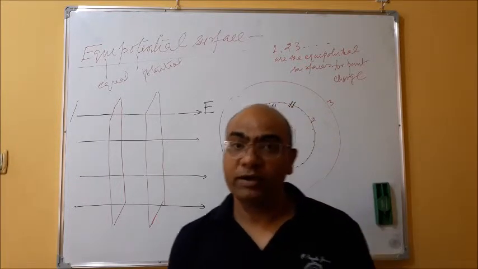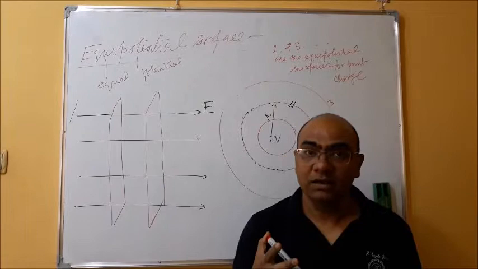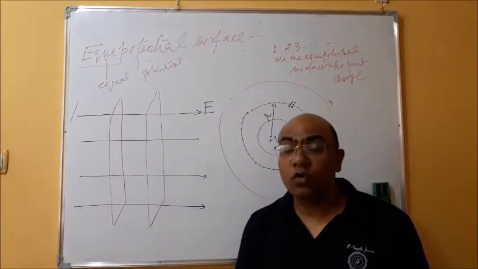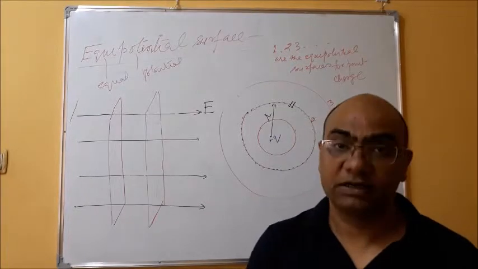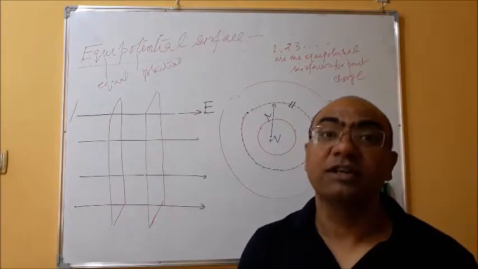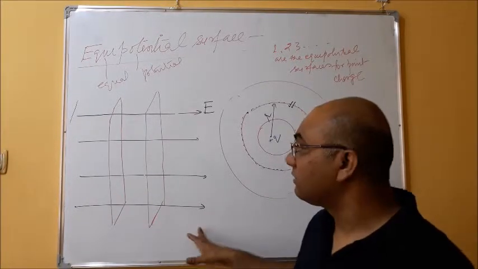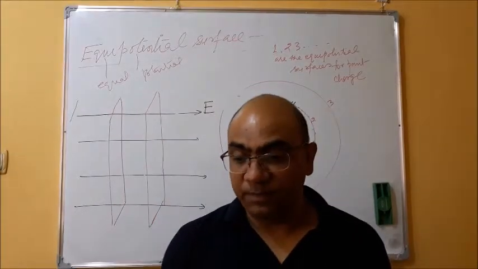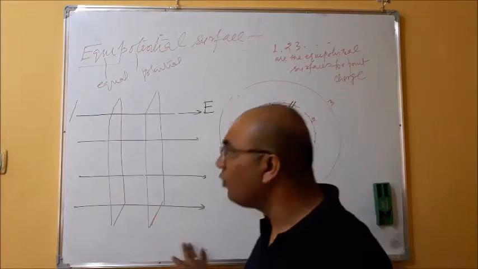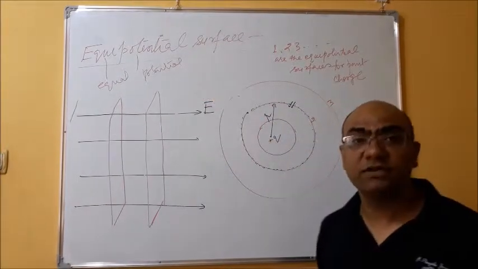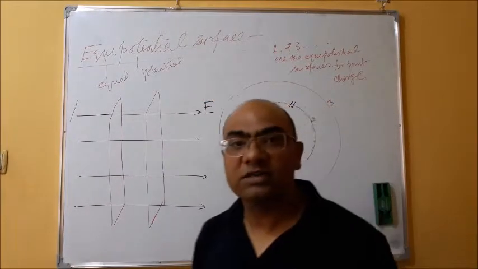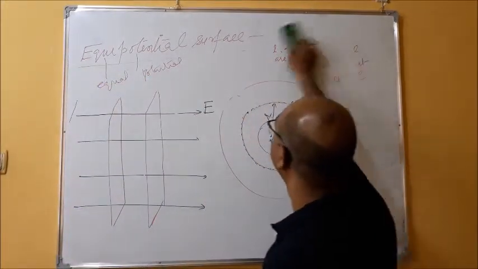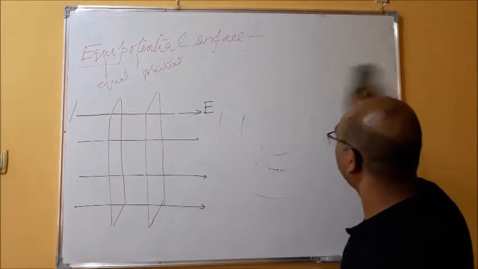The important point is that you will get equipotential surfaces when you have a uniform electric field of constant magnitude. Otherwise, the concept of equipotential surface is not possible. I hope the concept of equipotential surface is clear to you. Now, let us move on to the next topic, relation between field and potential.